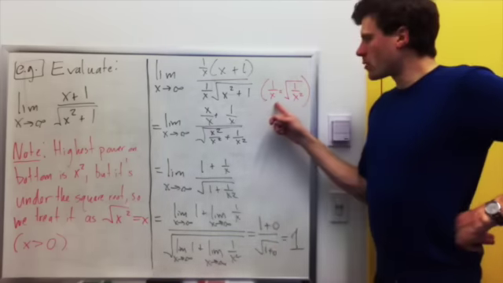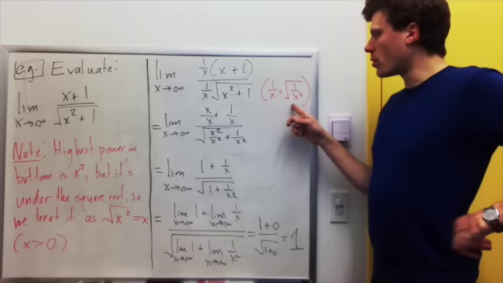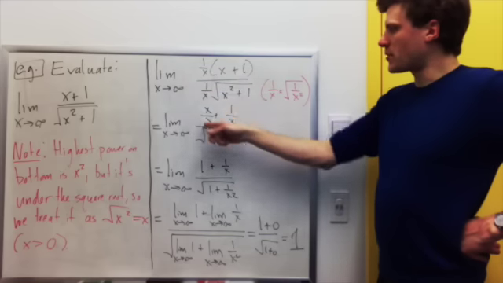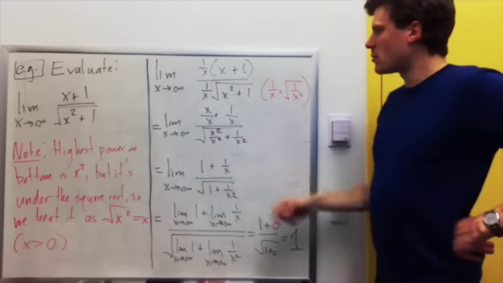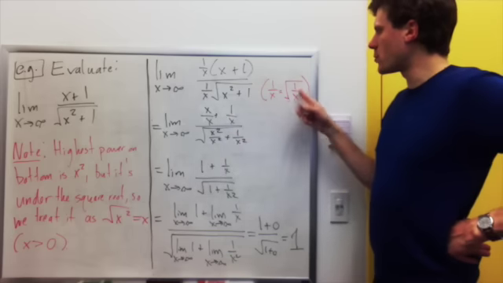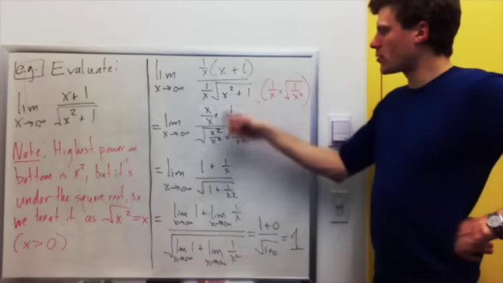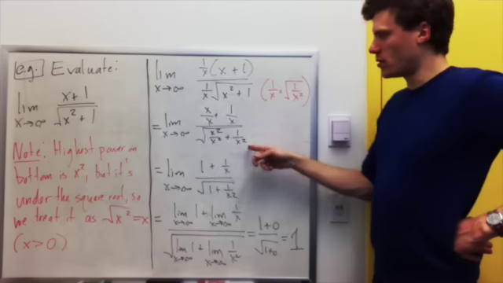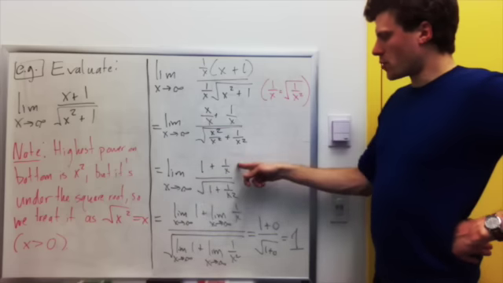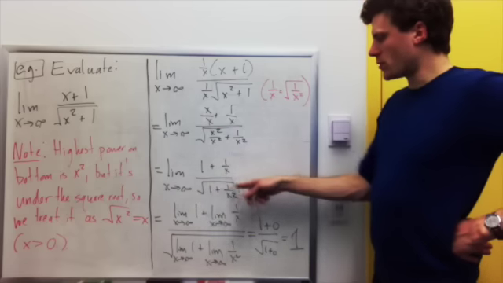And I'm going to note that 1 over x is equal to the square root of 1 over x squared. So now when I distribute, up top I get x over x plus 1 over x, whereas in the bottom, to get it underneath the square root, 1 over x becomes 1 over x squared. So I get x squared over x squared plus 1 over x squared. Now I simplify to get 1 plus 1 over x over the square root of 1 plus 1 over x squared.